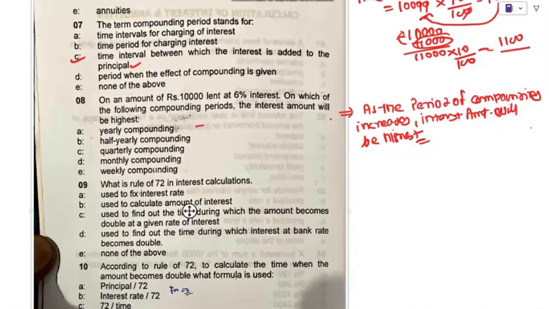Yearly compounding means that in 1 year, compounding will be done one time. In half year, compounding will be done two times. In quarterly, four times. In monthly, 12 times. In weekly, approximately 52 times. So we can see that the highest compounding is on a weekly basis. So the interest amount will be highest in weekly compounding.